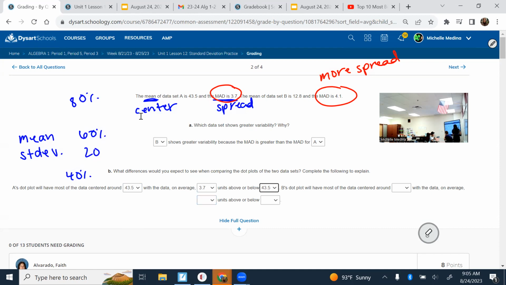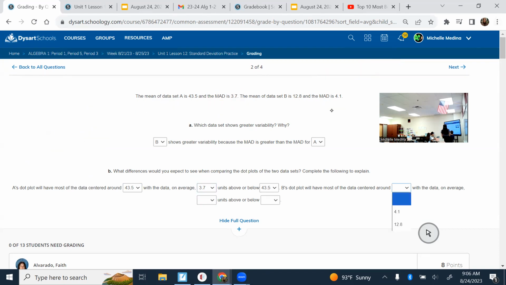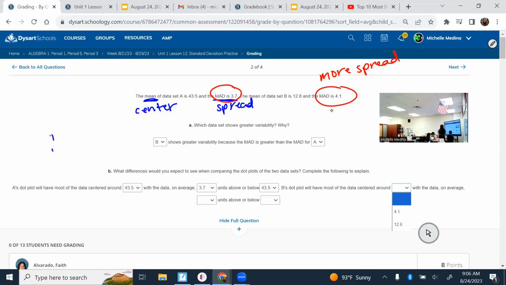But yeah, so we're saying that on average, this will differ 3.7 above and below 43.5. Now do the same with data set B. Most of the data is centered around that mean, which is what?